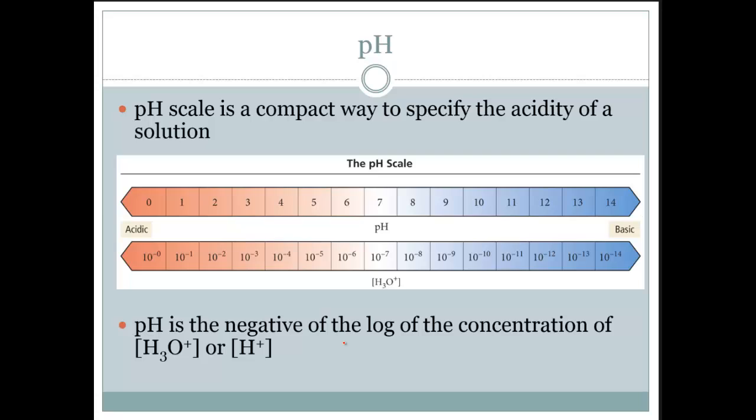The pH scale is a compact way to specify the acidity of a solution. pH is the negative of the log of the concentration of H3O plus. So notice that as the number gets smaller, remember this is times 10 to the whatever, so 0.01, 0.001, 0.0001, as those numbers get smaller, the pH gets bigger.